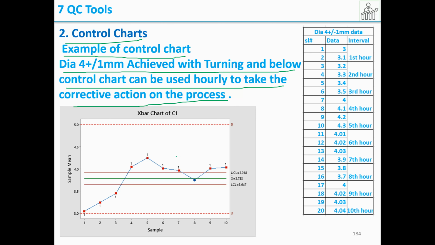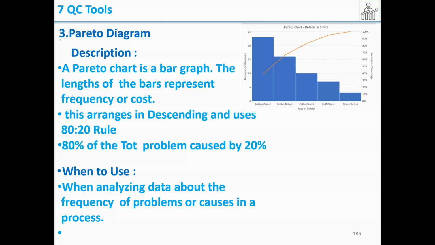Because you are continuously running the production, you don't know when parts come out oversize or undersize. When you use control charts, we come to know how the trend is going before the part is rejected, after the problem is produced. Before that, we can solve it. We can take corrective action. That is what we use control charts for.